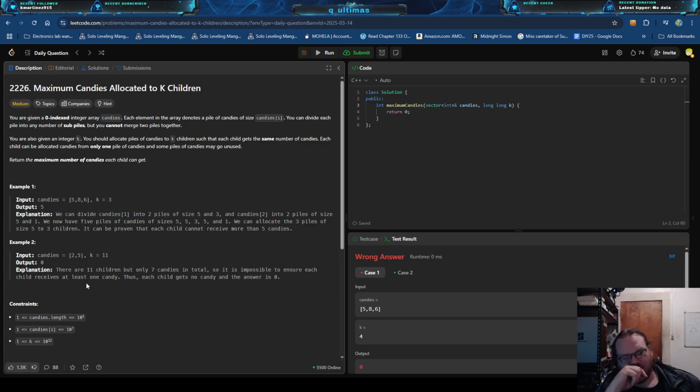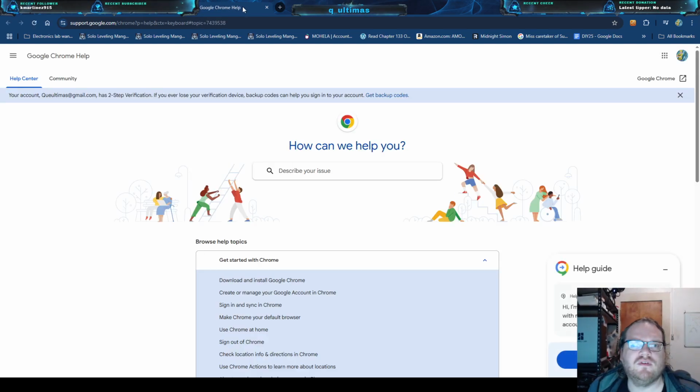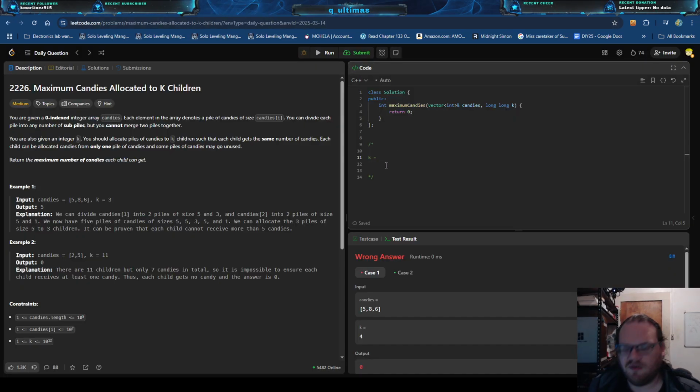No, that wouldn't work either, would it? Because say if you divide 5 in half, or better yet, if we take this first one. What if k was equal to 10 for these 3, right?